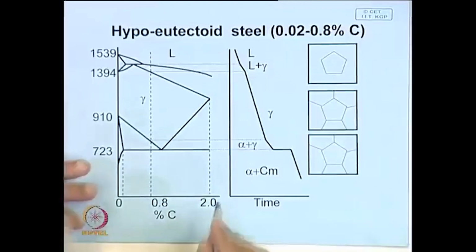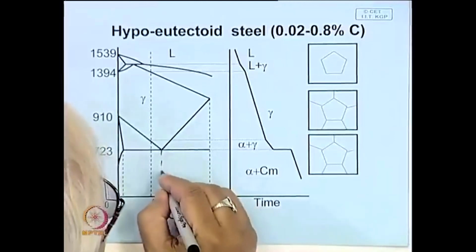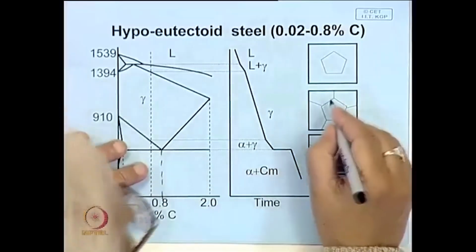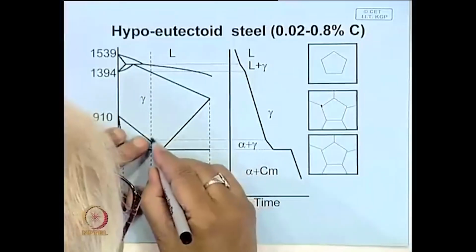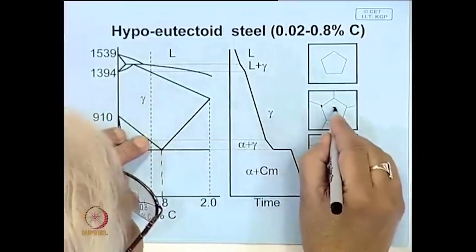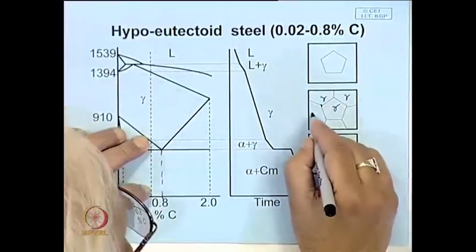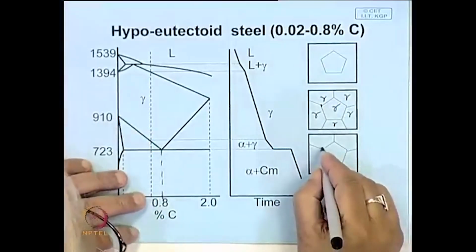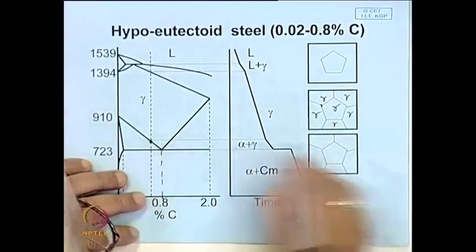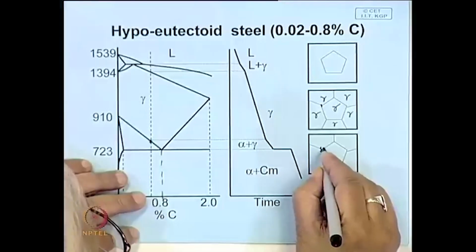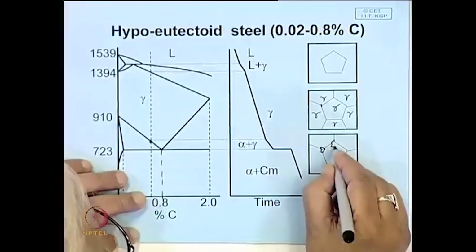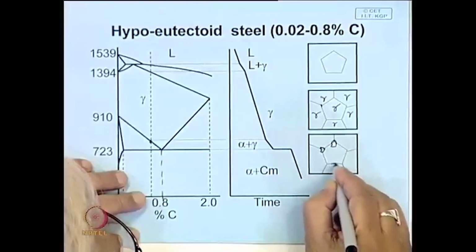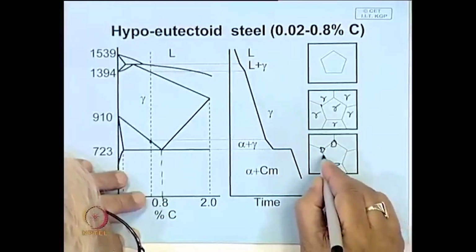So, here this is the point. Over here, until this, you have grains of austenite, and when the temperature goes below this, you will have some ferrite grains nucleating in the grain boundary.